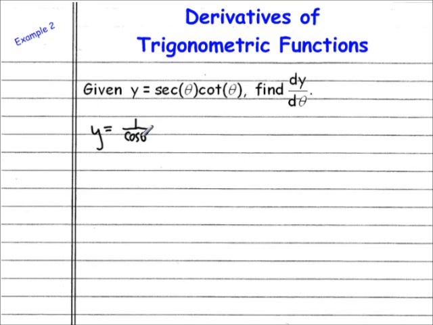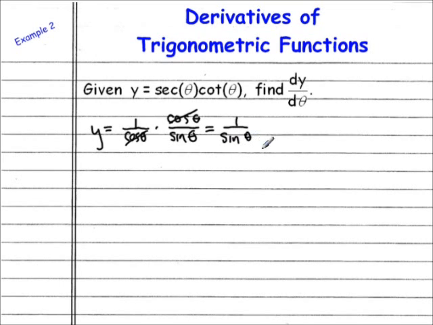So this is 1 over the cosine of theta, and the cotangent of theta is cosine of theta over sine of theta. And as soon as I've written that, I recognize that I'm going to have a reduction possibility. That is, this numerator and this denominator will divide to 1, and so we're simply left with 1 over sine of theta. So that thought is giving us a lot of mileage.